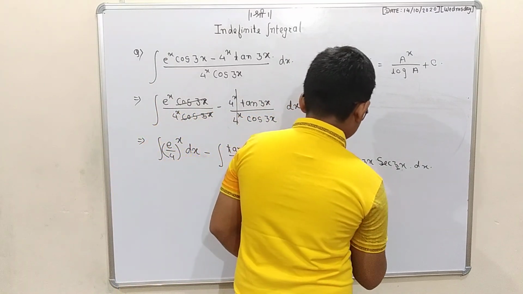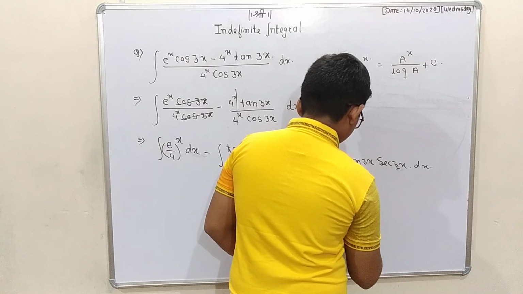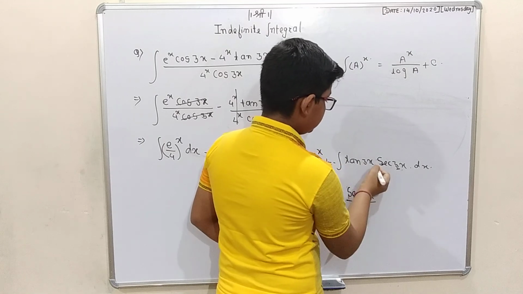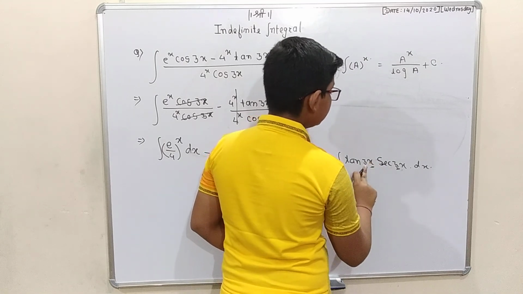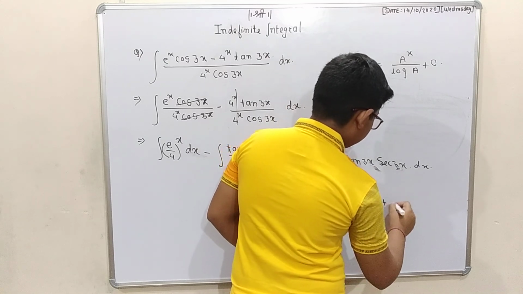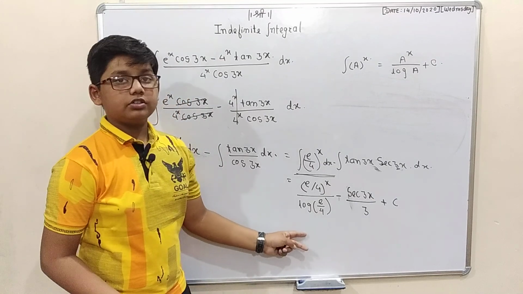So it will be minus sec 3x divided by the coefficient of x, that is 3. Now we have to write plus constant, that is c, which can be considered as the constant.